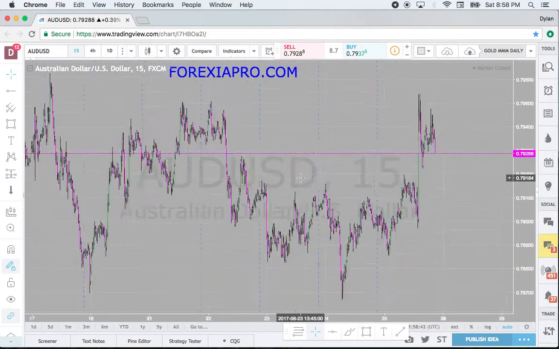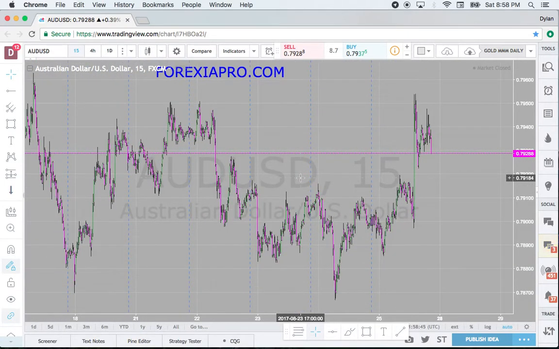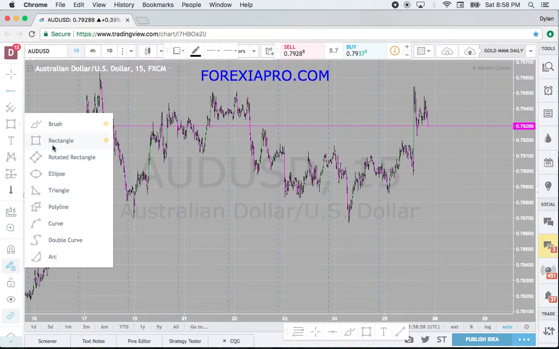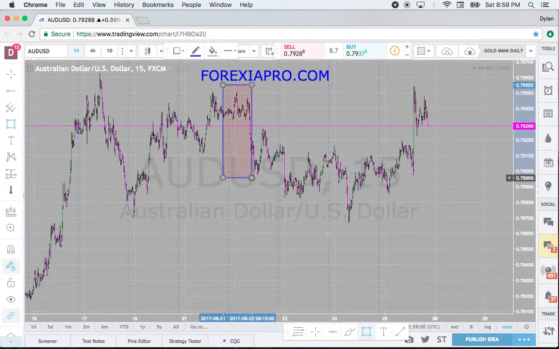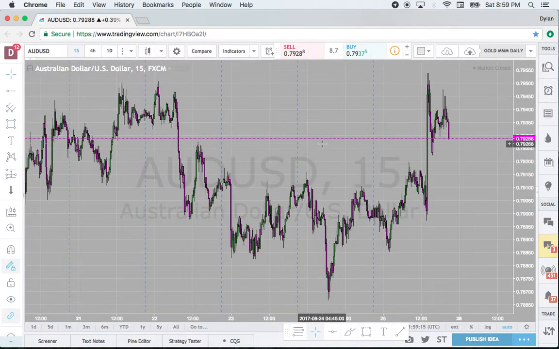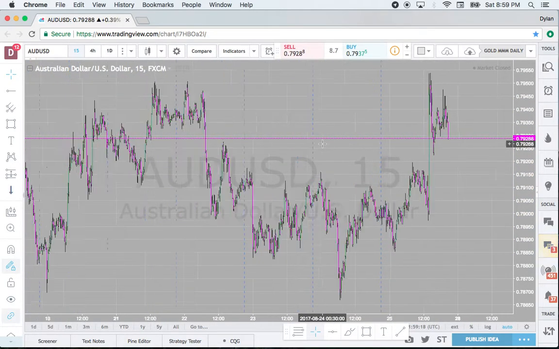I'm going to be reviewing the trades that it took over the past week and why it may have taken the trades that it took. To give you an idea, this is the range in which the Expert Advisor has traded, or at least what I'm going to be commentating over today.